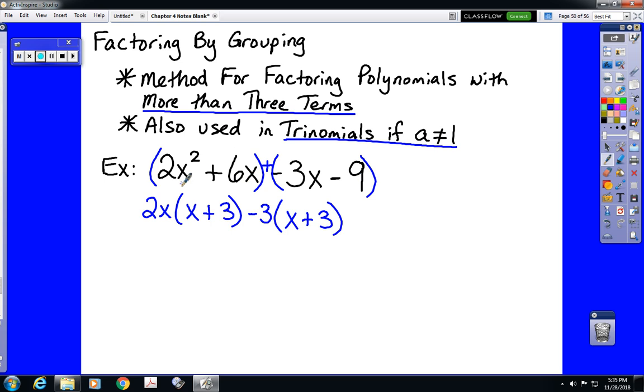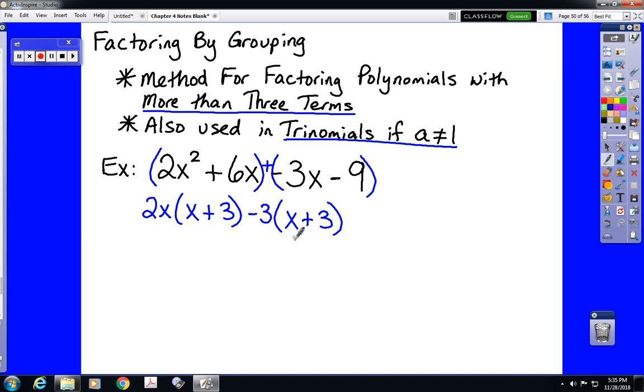Now the reason we did this is because our 4-term polynomial has become a 2-term polynomial. Since a term is when we multiply expressions together, these 3 items, 2x and x plus 3, are all being multiplied. So this is 1 term. So this is now a binomial because I have a term here and a term here.